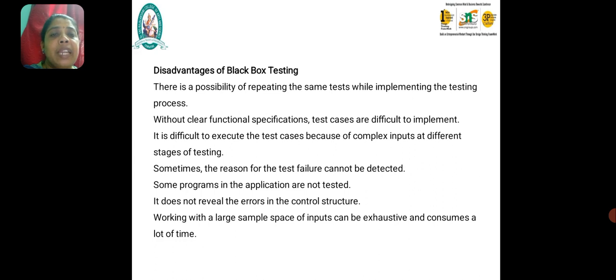The reason for failure cannot be detected easily. It does not reveal errors in the control structures, because if there is an infinite amount of data, we cannot identify the errors in the data structure. Working with large sample spaces of input can be exhaustive and consumes a lot of time.